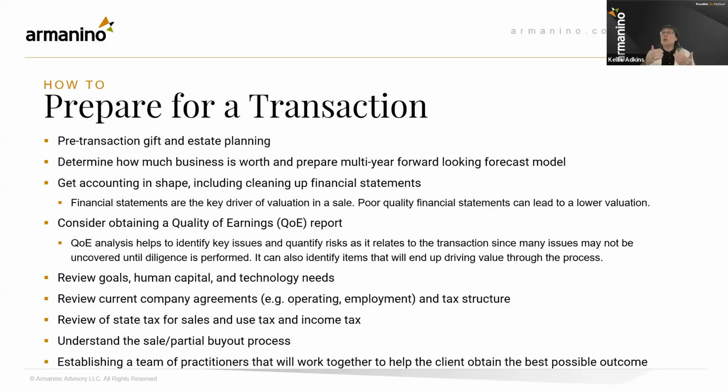And that helps you price your house. Whenever potential buyers walk through your house and enter into a contract and get their inspection report, you already know what's going on with the house. It tries to eliminate surprises. So I think considering a quality of earnings report as you're preparing for a transaction on the sales side is a very good thing to do.